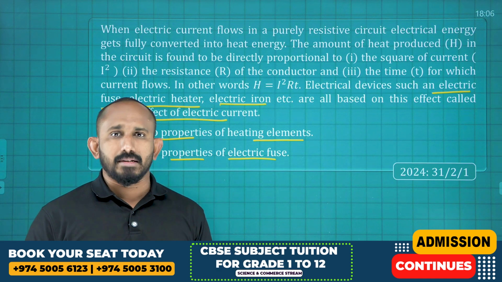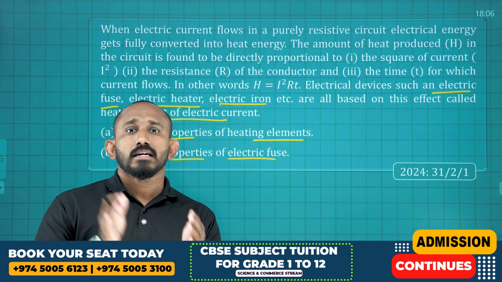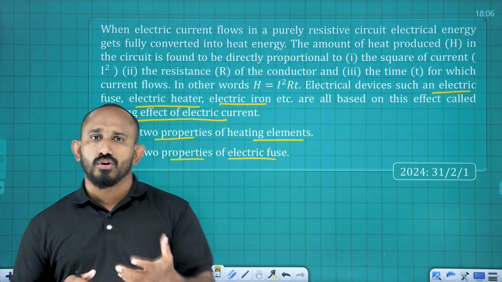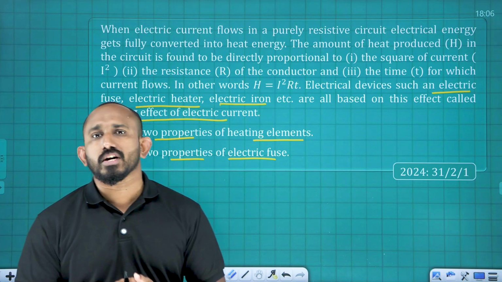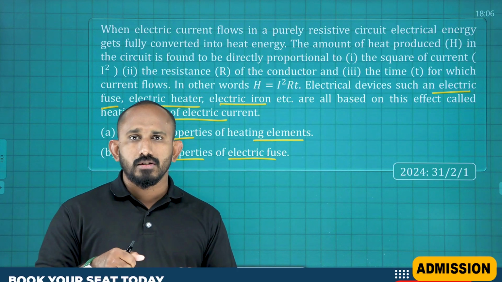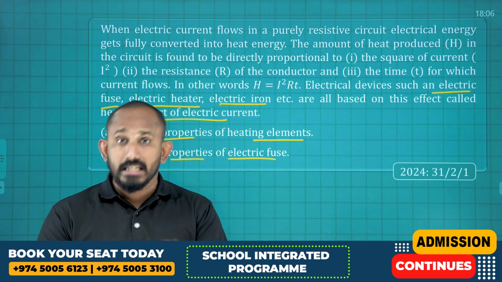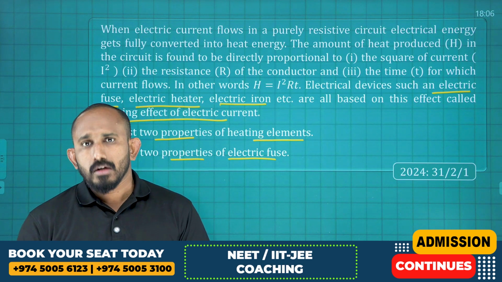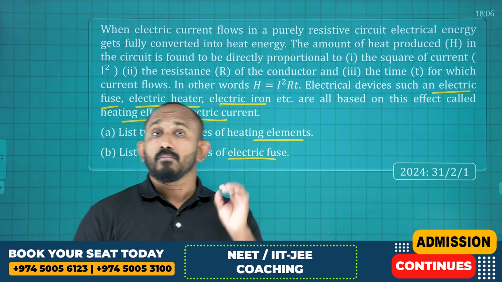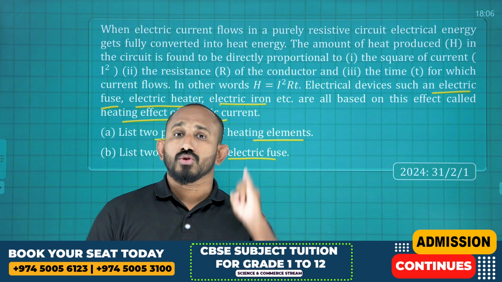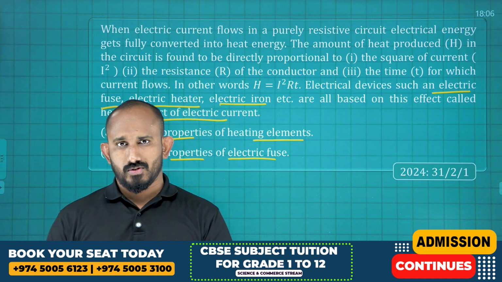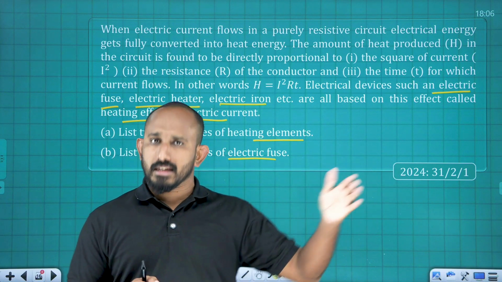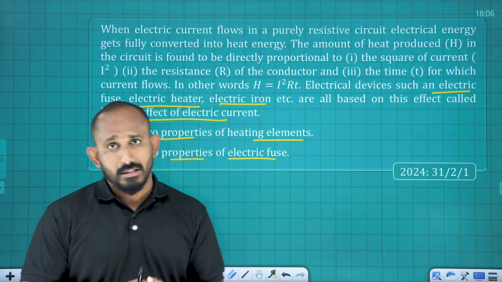Okay. Heating elements have to convert electrical energy to heat energy, and we should get a sufficient amount of heat. Suppose an electric iron, while we are using it, we need a sufficient amount of heat energy to press the cloth. To produce that, more heat should be produced. So it should have high resistance. And at high temperature also, it should continue to give that heat, so it should not melt.